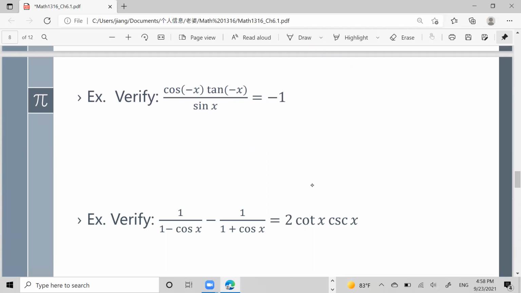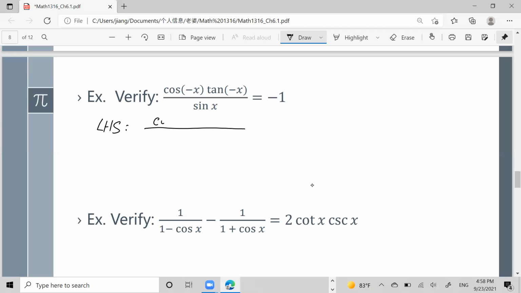Cosine negative x times tangent negative x divided by sine x equals negative 1. Do you still remember the even and odd function properties? Let me write. This is the left-hand side. For the top one, use the even-odd identity.